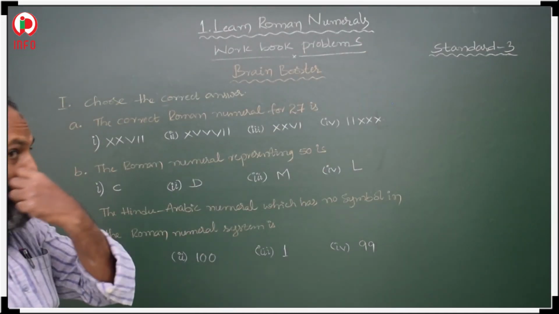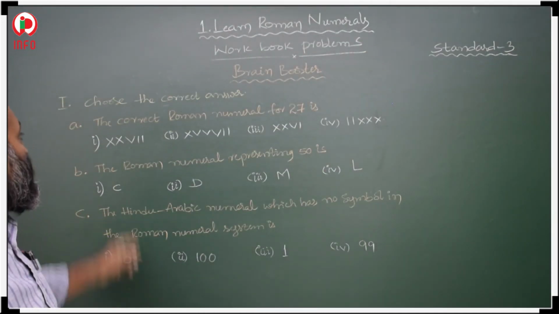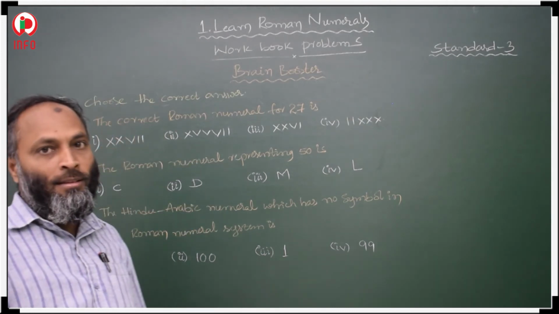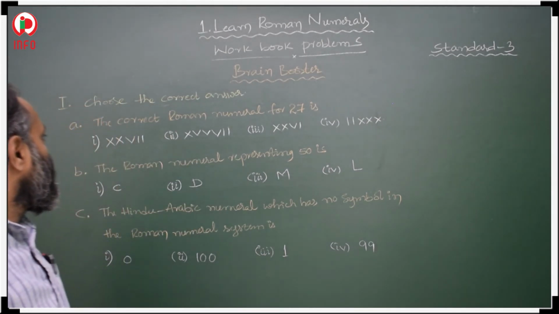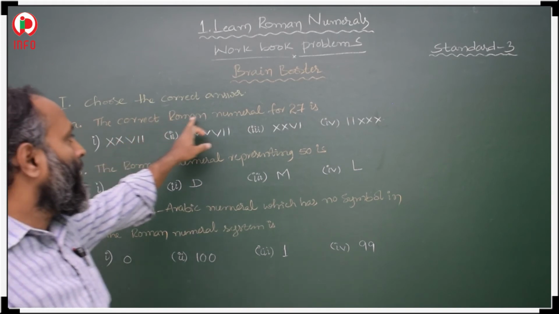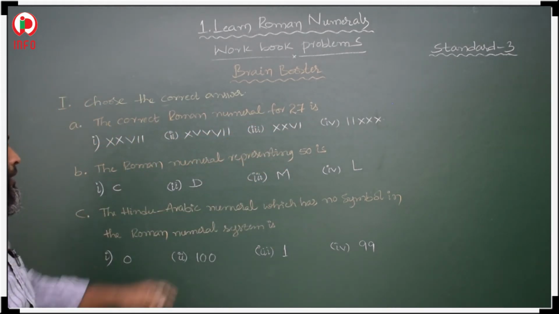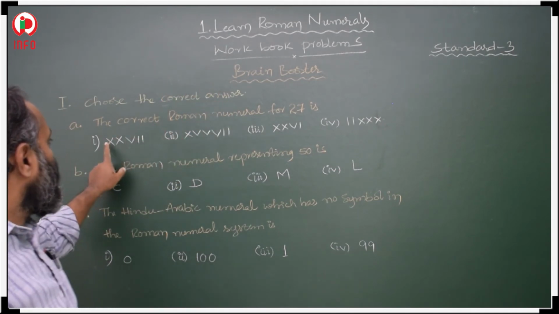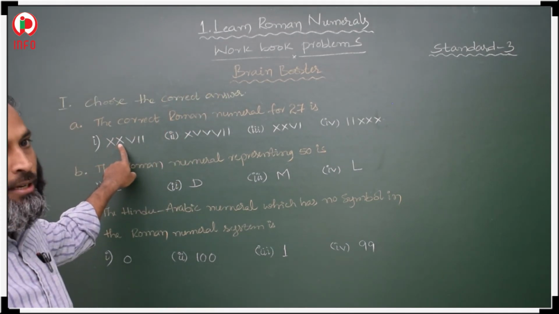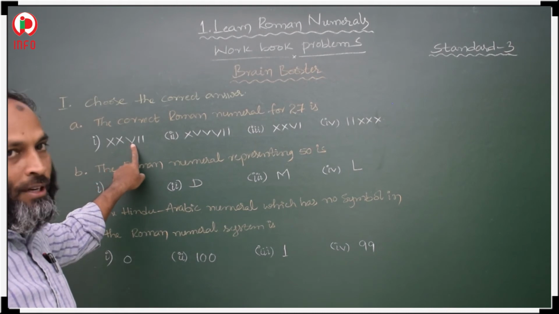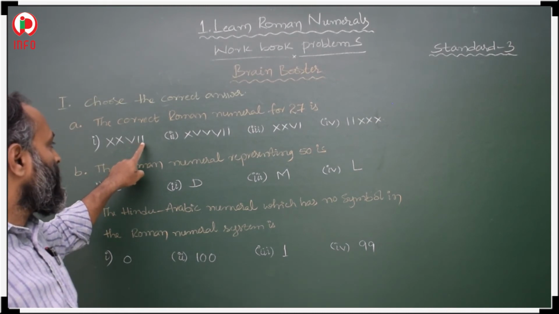Now brain booster. In this brain booster, first question, choose the correct answer. The correct Roman numeral for 27. Here 10 plus 10, 20. 20 plus 5, 25, 26, 27.